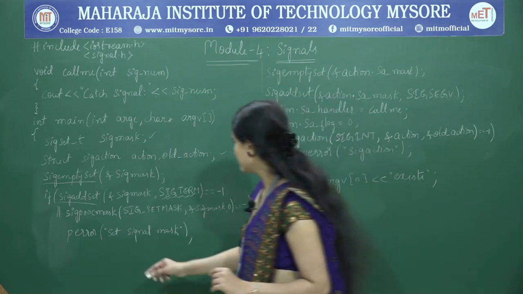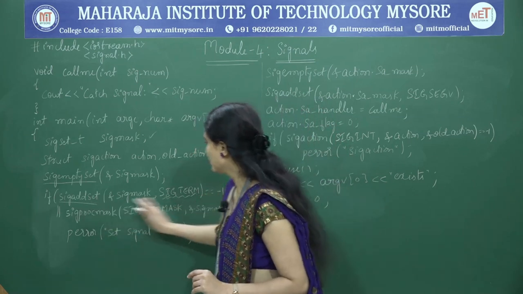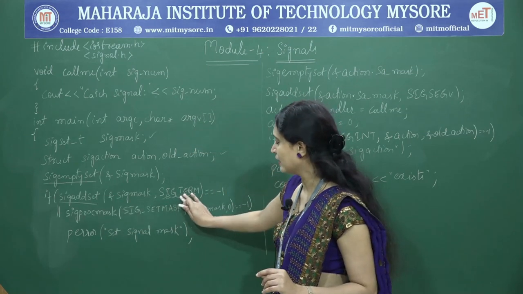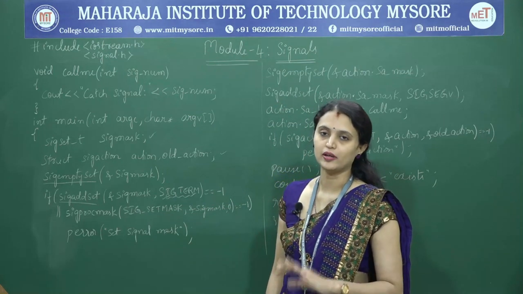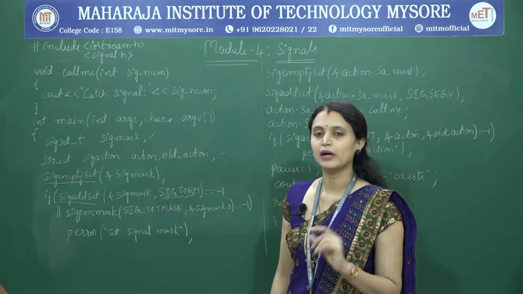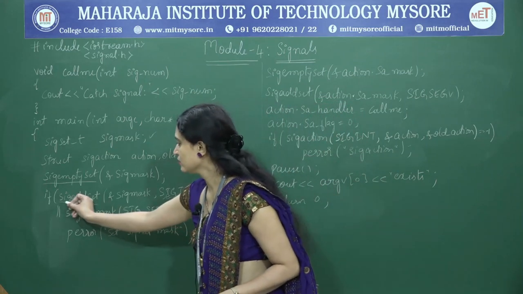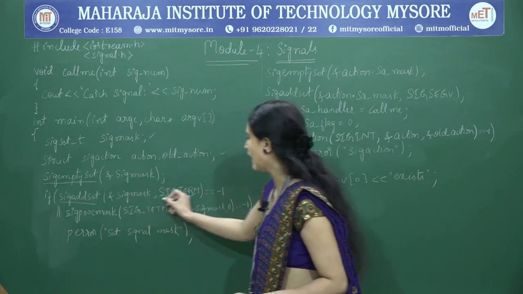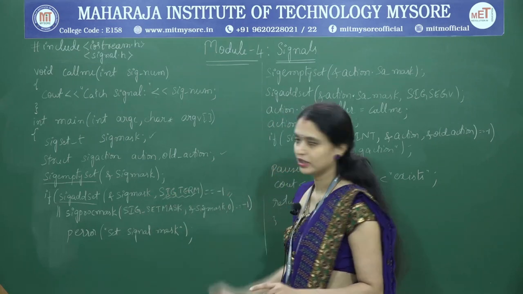If this is executed successfully, the SIGTERM will be added to sig_mask. Otherwise there might be some error, and error means it returns -1. So I am checking the condition here, whether the return value of sigaddset is equal to -1. This is one condition.